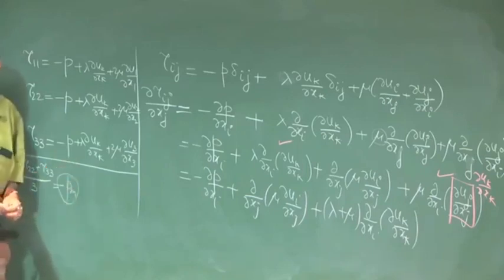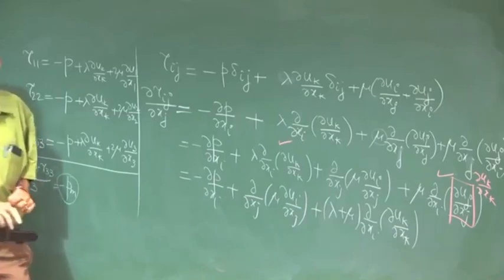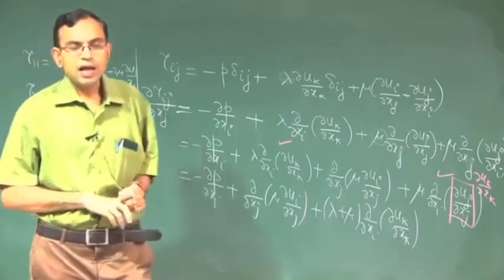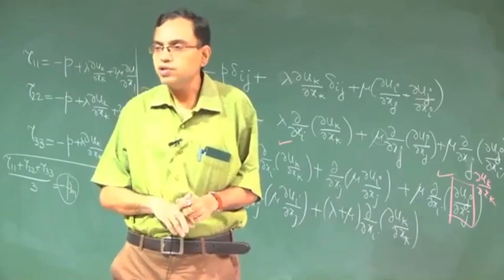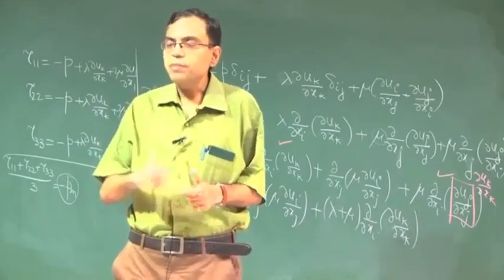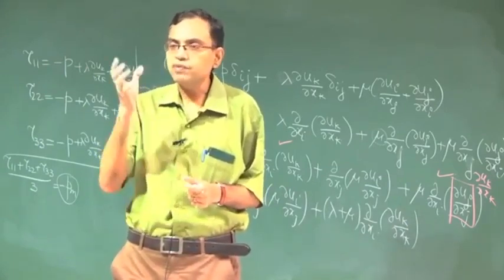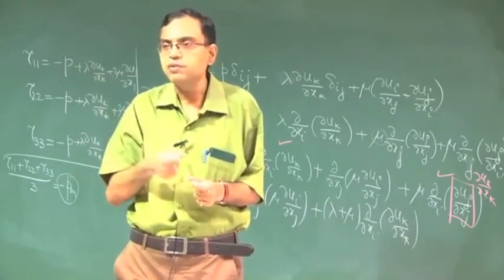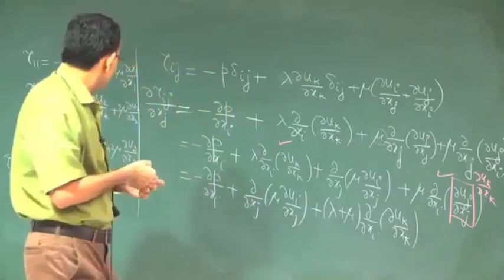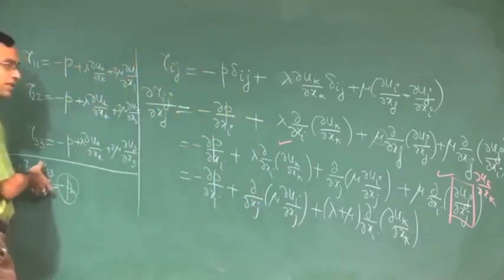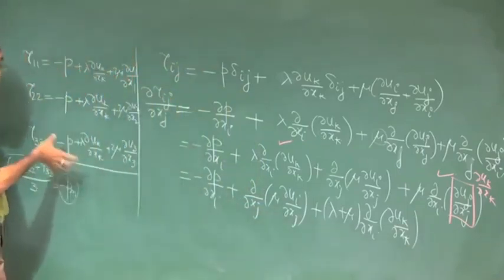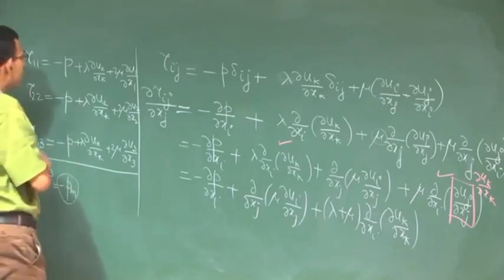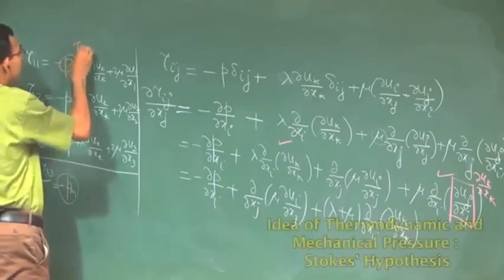What is PM? PM is mechanical pressure. Mechanical pressure is just the arithmetic average of the normal components of the stress with a minus sign, because normal components of the stress are tensile if they are positive, but pressure is by definition compressive if it is positive. So, this is the average normal stress, defined as mechanical pressure, and this P is defined as thermodynamic pressure.